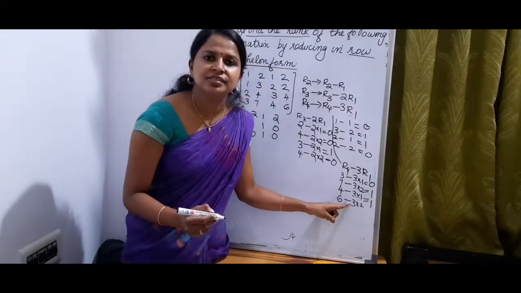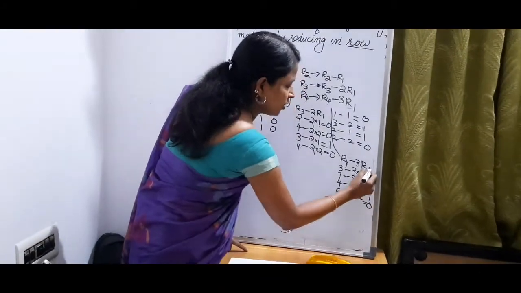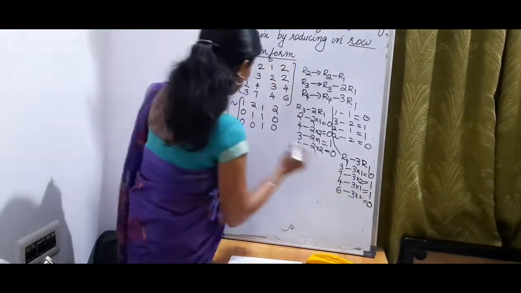And 6 minus 3 into 2, 6, 6 minus 6 is 0. That is 0, 1, 1, 0.